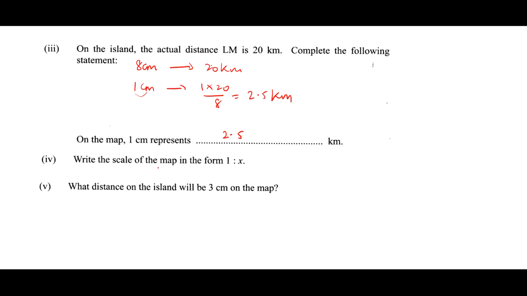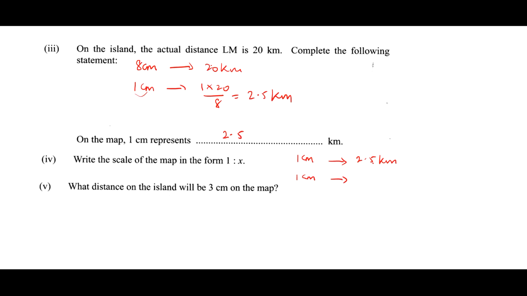Now they said write the scale of the map in the form 1 to x. So we know that 1 cm on the map represents 2.5 km actual, right? Now when we are dealing with scales, we need to have the same units on both sides. So we need to convert that 2.5 km into cm.